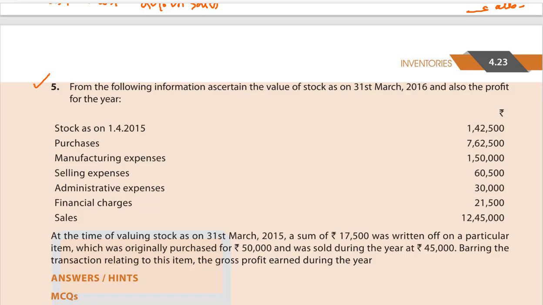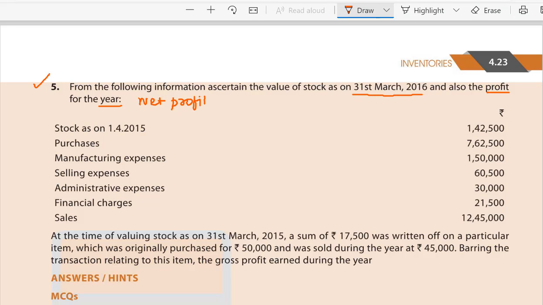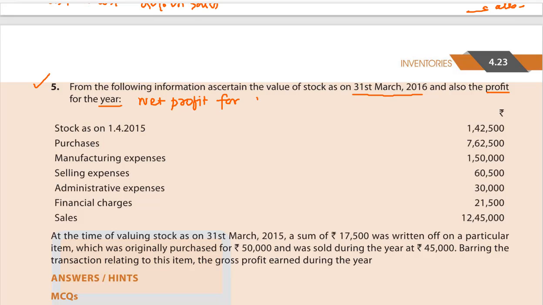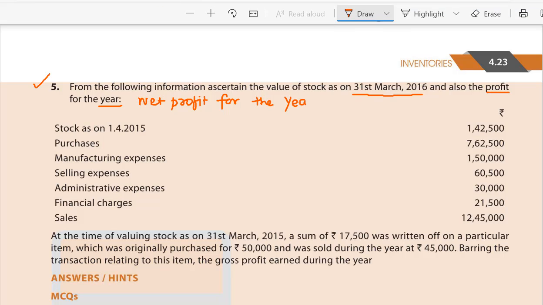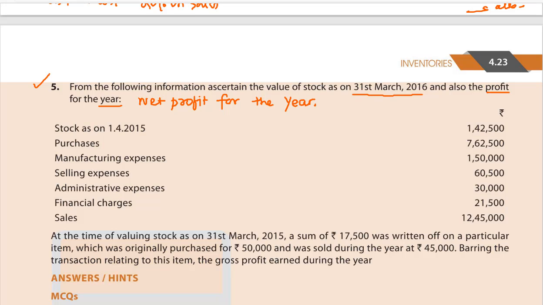From the following information, ascertain the value of stock as on 31st March 2016 and also the profit for the year. Profit for the year means net profit for the year. So it is not talking about the gross profit, it's talking about the net profit for the year.